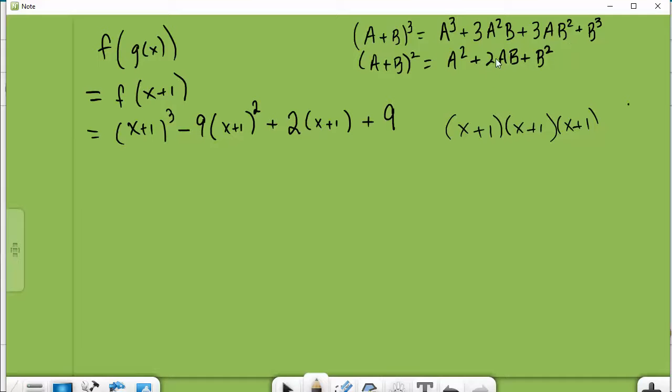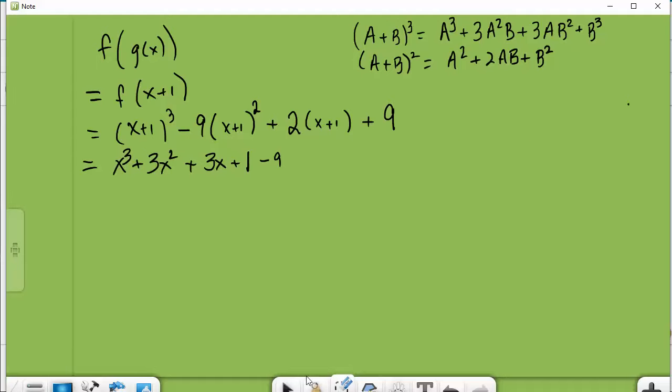So the x is the a, 1 is the b. So we're going to get x cubed plus 3x squared times 1 plus 3 times x times 1 squared plus 1 cubed. Okay, and then for the next part, we're going to get x plus 1 squared.